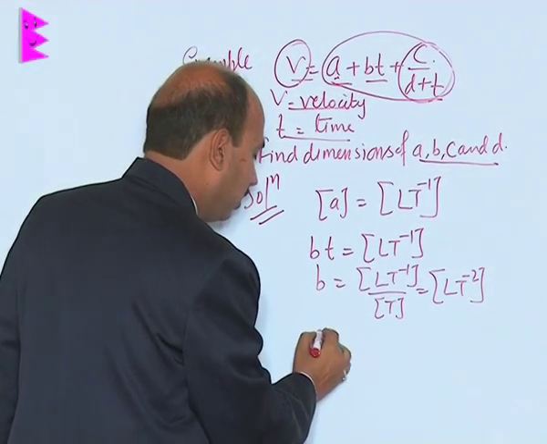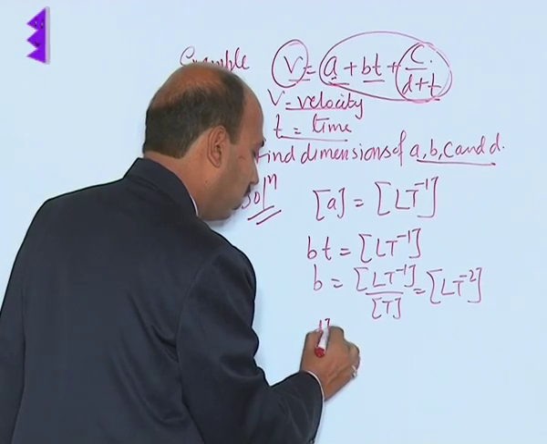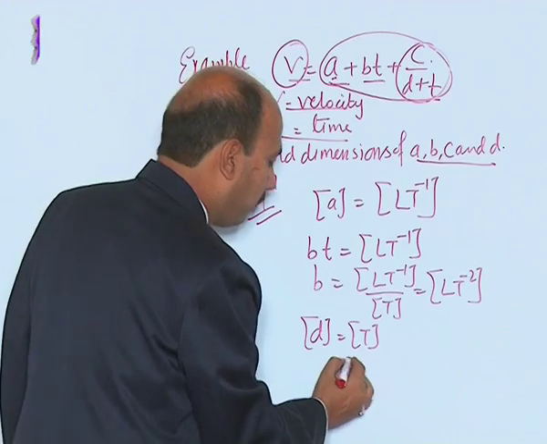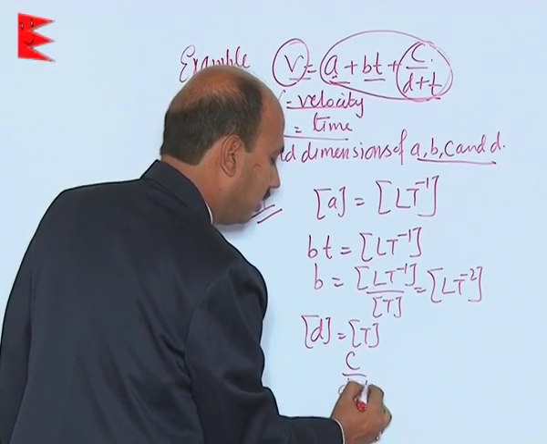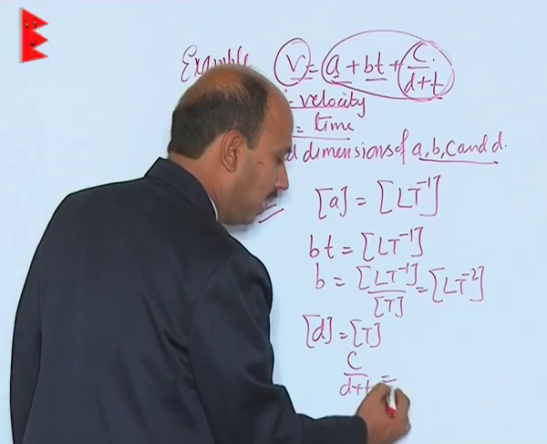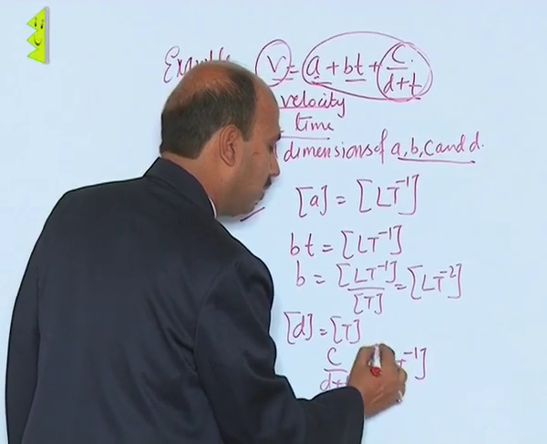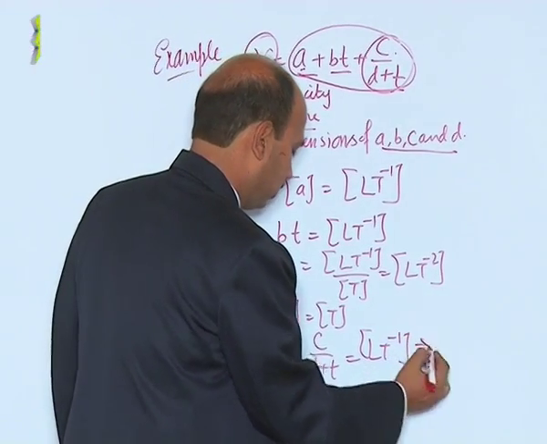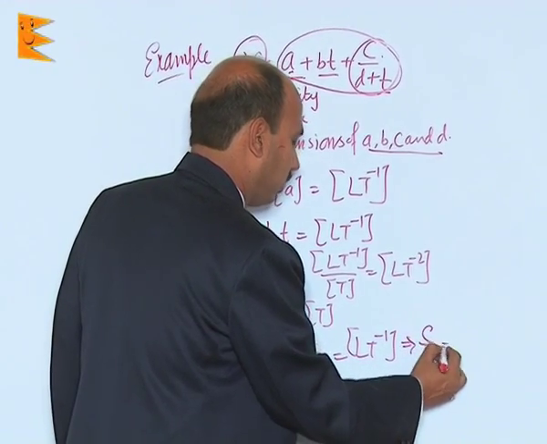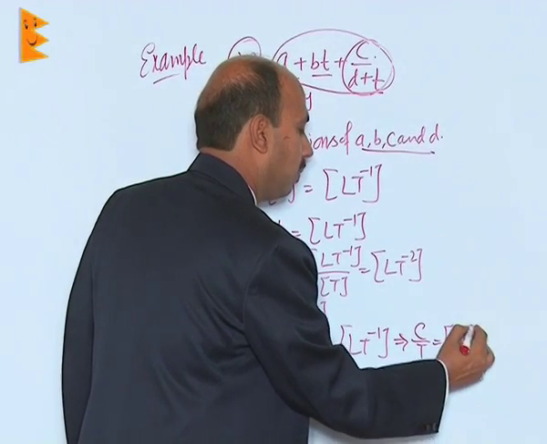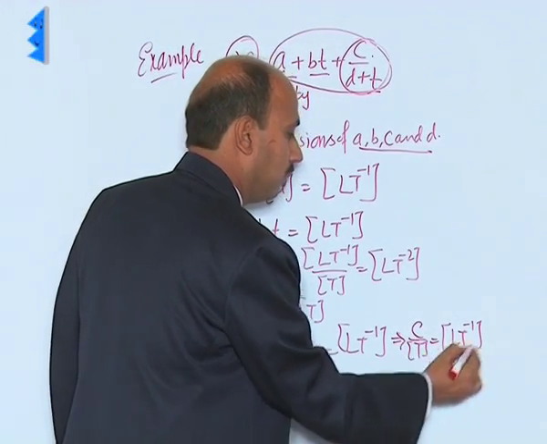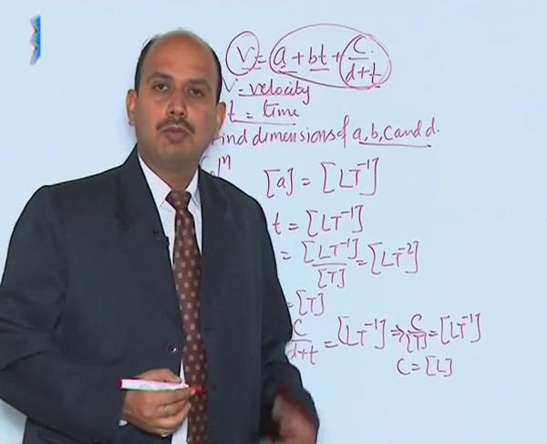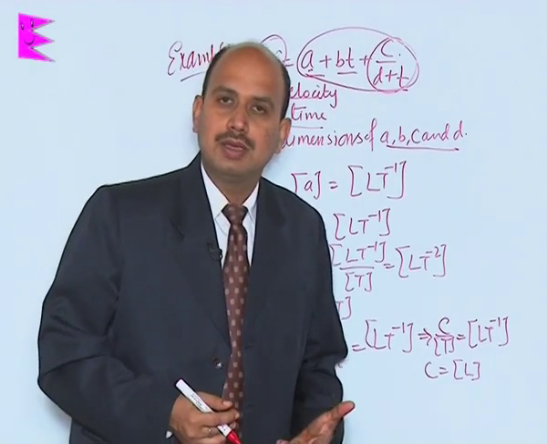So, obviously, D has the same dimensional formula as T has. So, C upon D plus T is dimensionally equal to L T raised to power minus 1. We have to get C. So, we can write here C upon T is equal to L T raised to power minus 1, this T will go over, so C is equal to L only. So, you have got the dimensional formula of A, B, C and D.